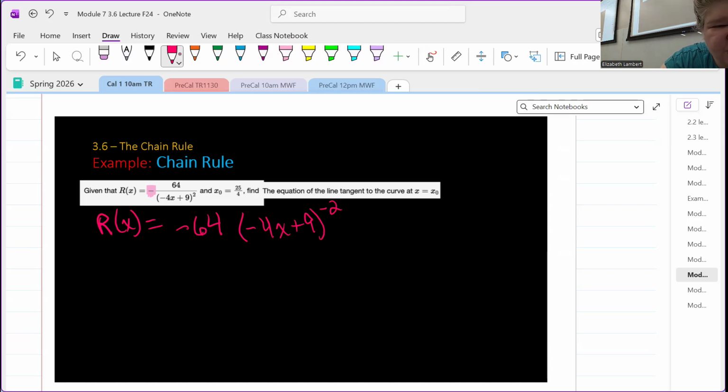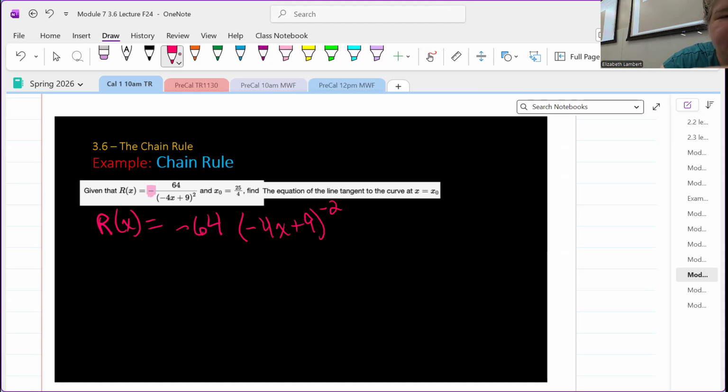Given the function and x sub 0 equals 25/4, find the equation of the line tangent to the curve at x equals x sub 0. So to find the equation of the line tangent to the curve, I need the slope and I need the point. So I have the x value.